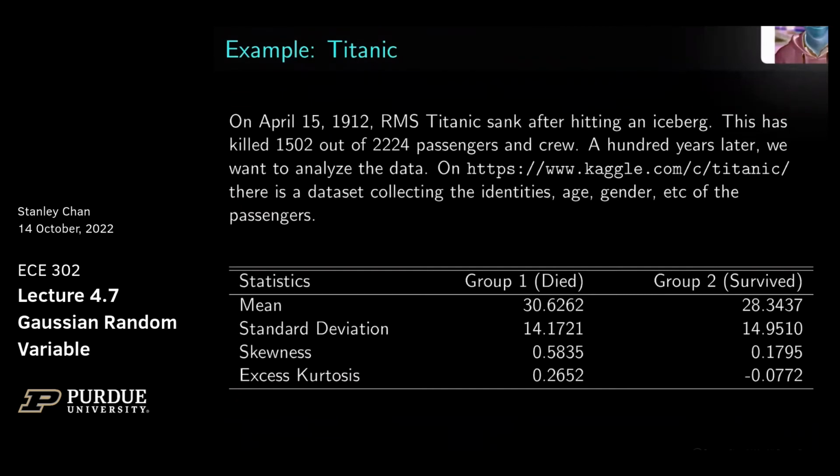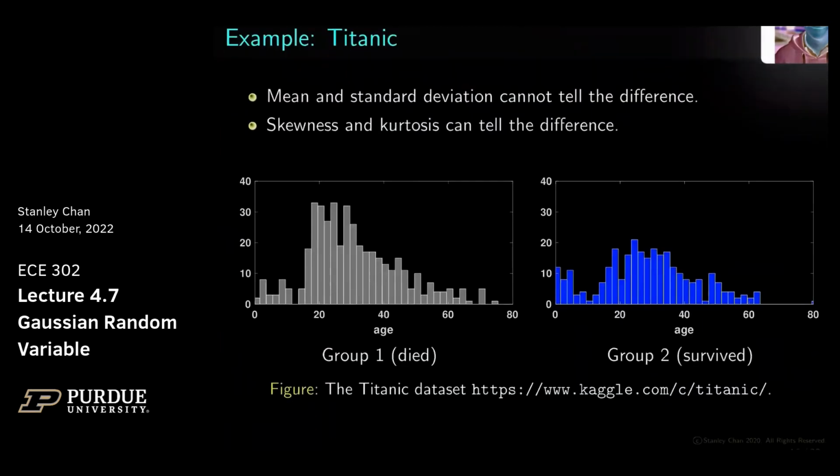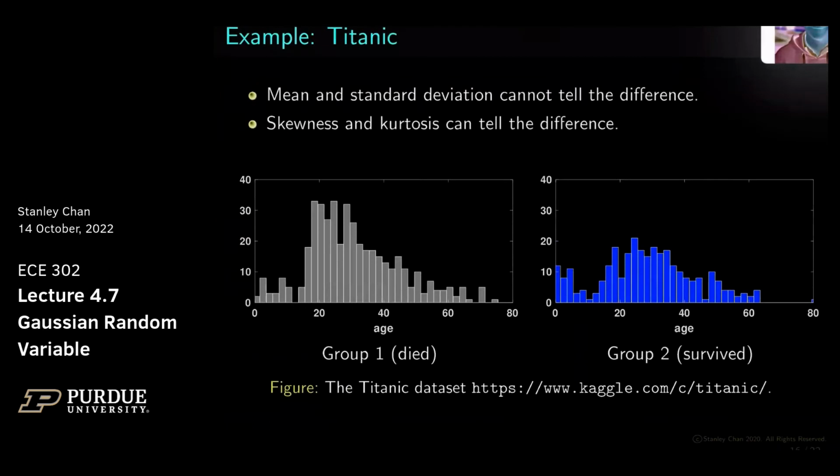When we do something like this, if we were to just report the mean and standard deviation, implicit in that is the assumption that we're using a Gaussian model to represent the data. We're going to look at the actual data on the next slide. So we have a mean and standard deviation that are almost identical, but skewness and kurtosis can tell the difference.